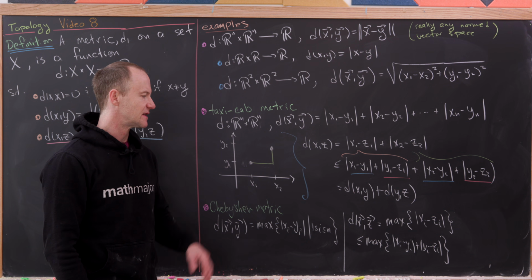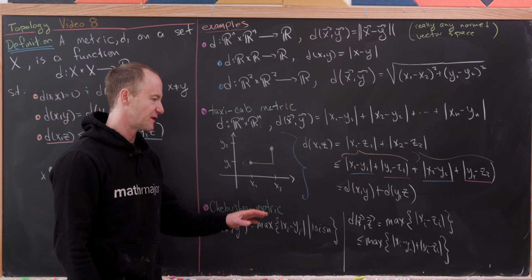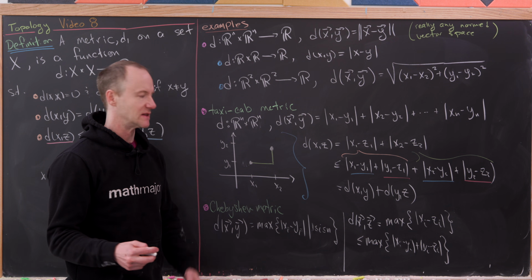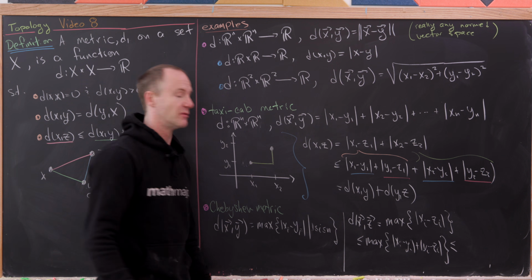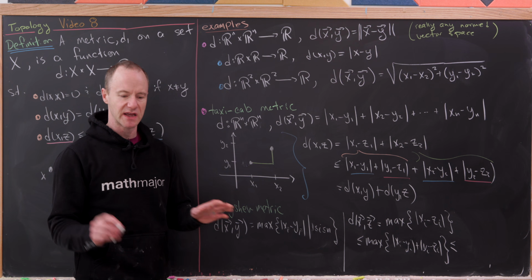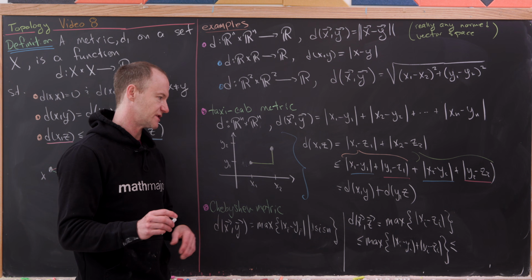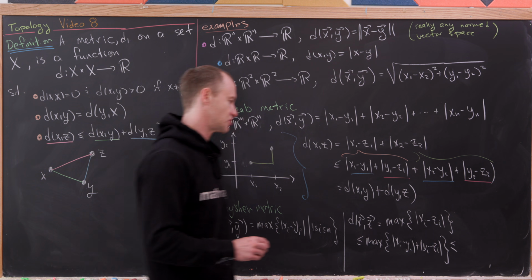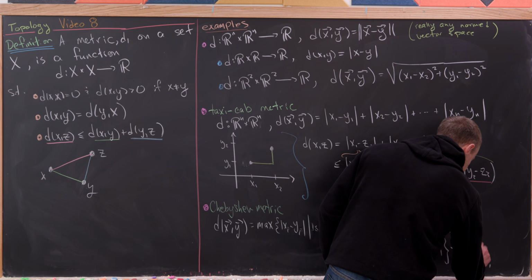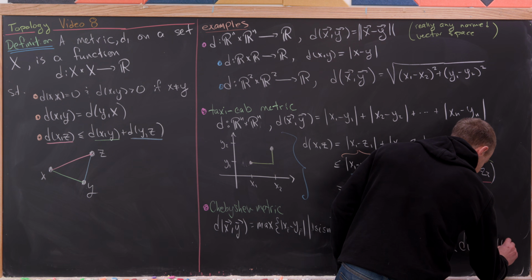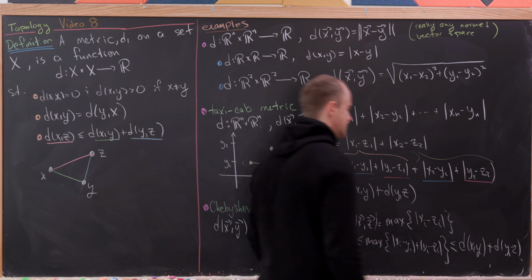And then there's a little bit that you need to do to be able to split this maximum function up linearly, but this will be less than or equal to the maximum of each of those individually. Again, we're kind of playing it fast and loose here, but if you want to check the details, I urge you to. And what you'll end up with is, over here, the distance from x to y plus the distance from y to z as needed.